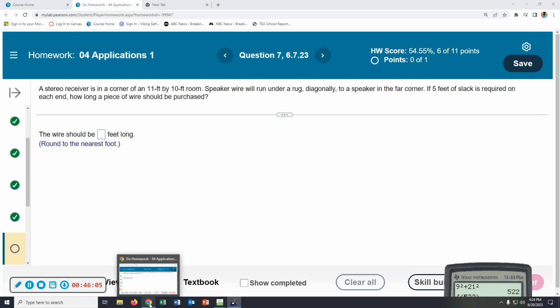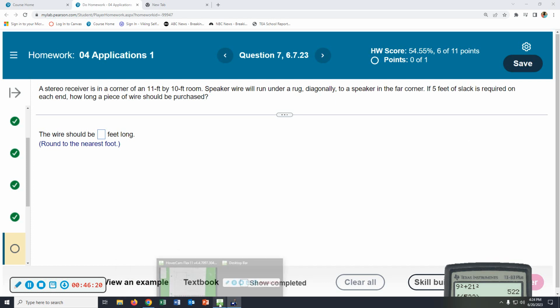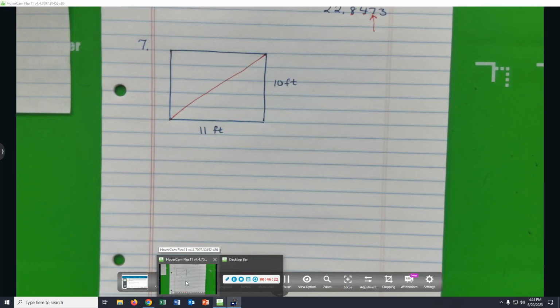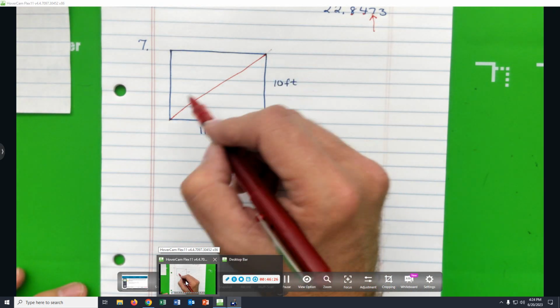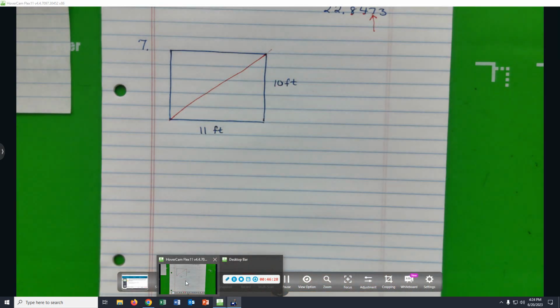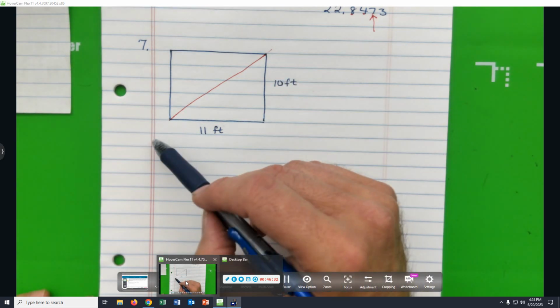So what we're going to do is find this red length using the Pythagorean Theorem and then add 5 feet and 5 feet. Whatever this answer is, we'll add the 10 feet because of the 5 extra on each end.